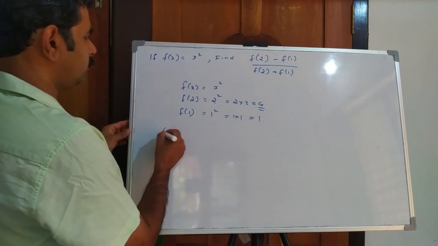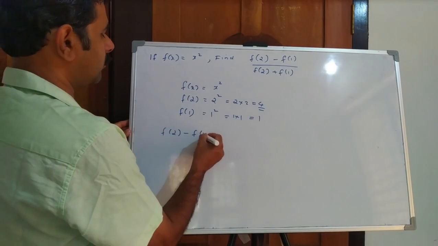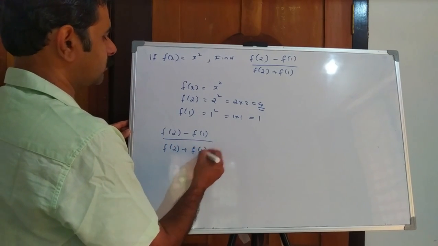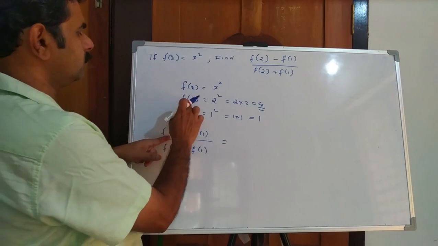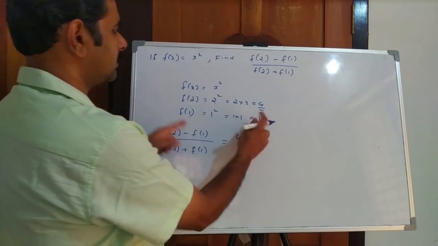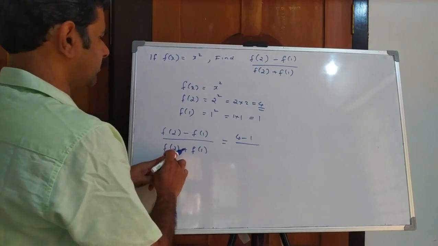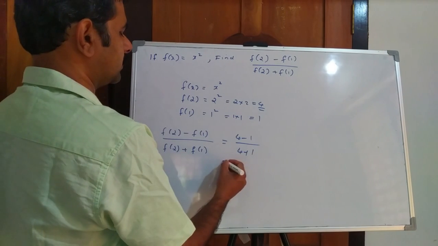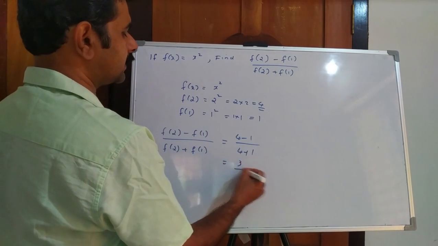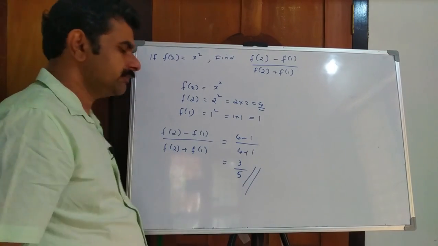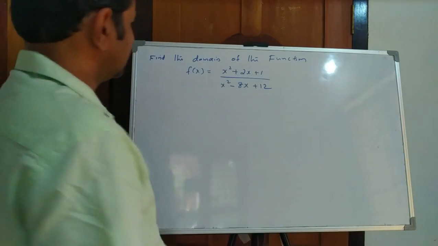So f of 2 minus f of 1 divided by f of 2 plus f of 1 is equal to, f of 2 is 4 minus f of 1, which is 1, divided by 4 plus 1. 4 minus 1 is 3, 4 plus 1 is 5. So its value is 3 by 5. Very simple question. One more question.